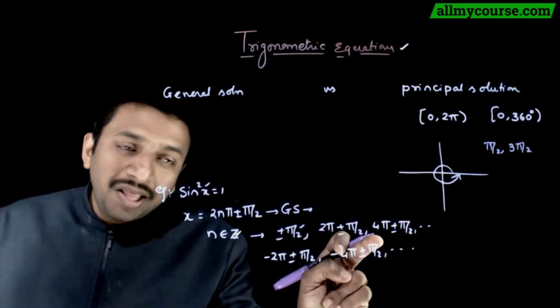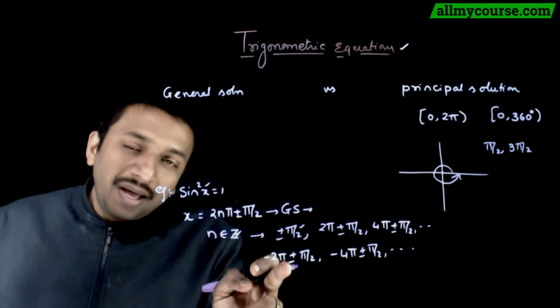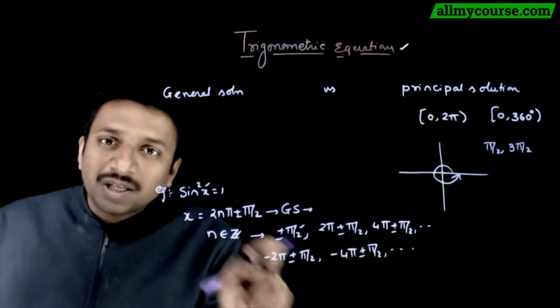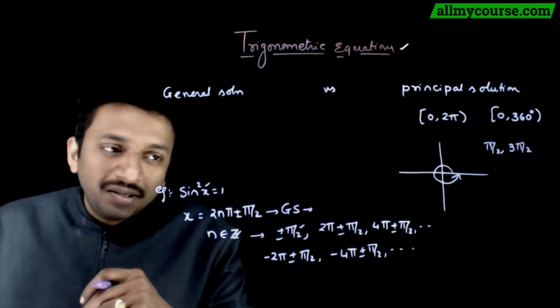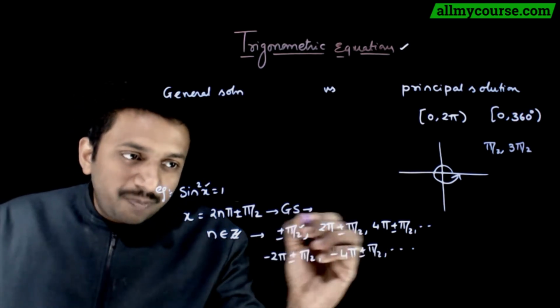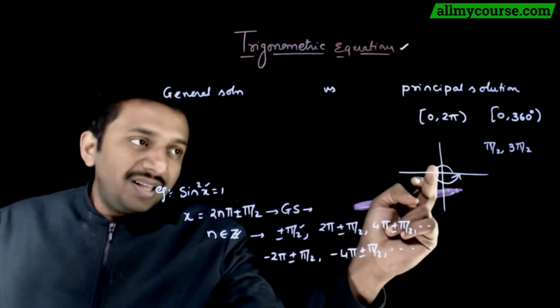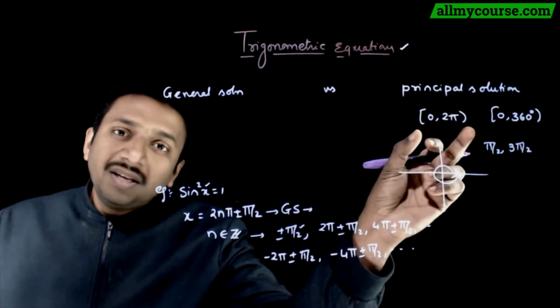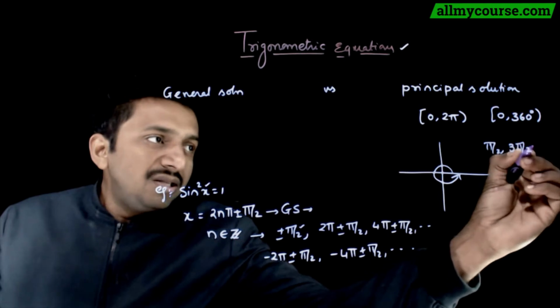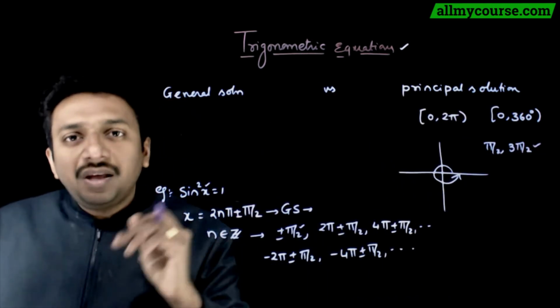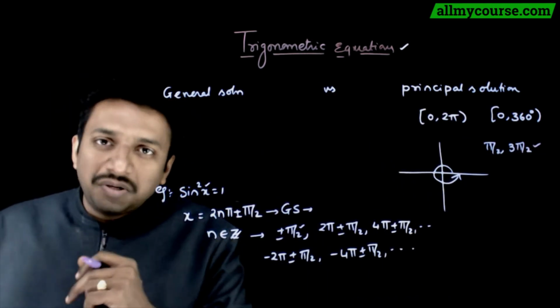All the other solutions lie beyond 2 pi or before 0. Minus 2 pi plus pi by 2 is negative. Minus 2 pi minus pi by 2 is also negative. So there are only two solutions, pi by 2 and 3 pi by 2, in the first rotation, that is, between 0 and 2 pi or 0 and 360 degrees. So these two constitute the principal solution of this equation.